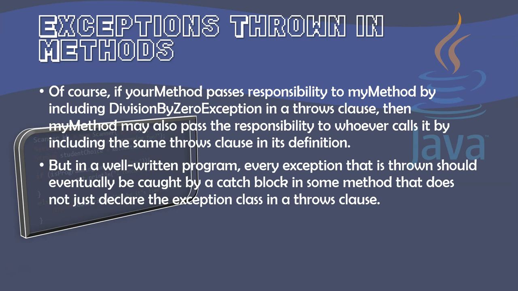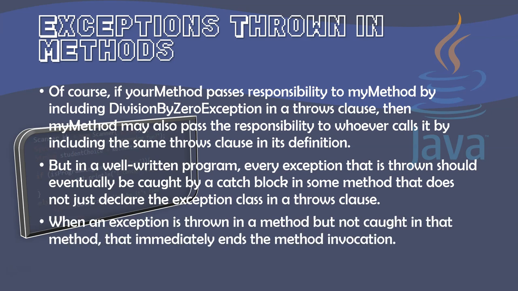However, in a well-written program, every exception that is thrown should eventually be caught by a catch block in some method that does not simply declare the exception class in a throws clause. So eventually, we have to account for these different pieces. When an exception is thrown in a method but is not caught in that method, that is going to immediately end the method's execution. So it's a great way for us to say, hey, this method is going to terminate. How are we going to handle that?